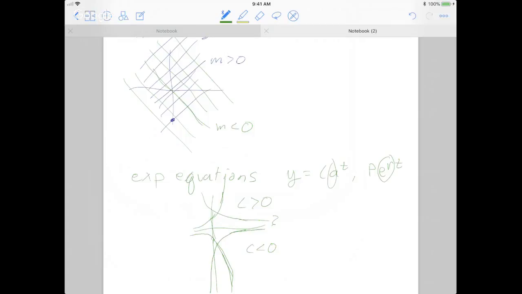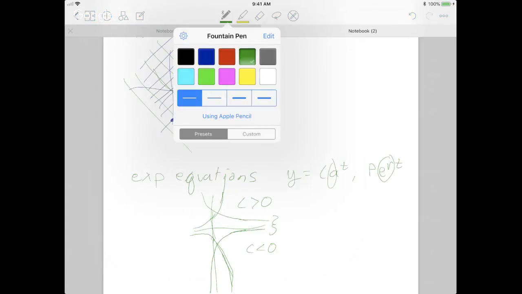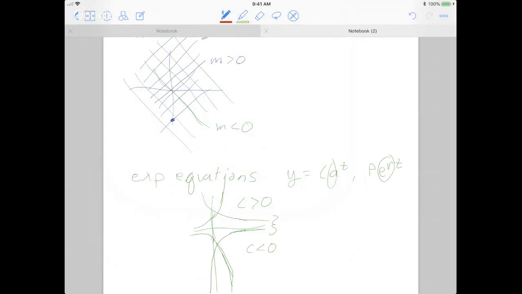These two right here, let me outline them in a different color. These two right here correspond to a between 0 and 1. Let me write that with a little more room: 0, not greater than 0, strictly less than 1.